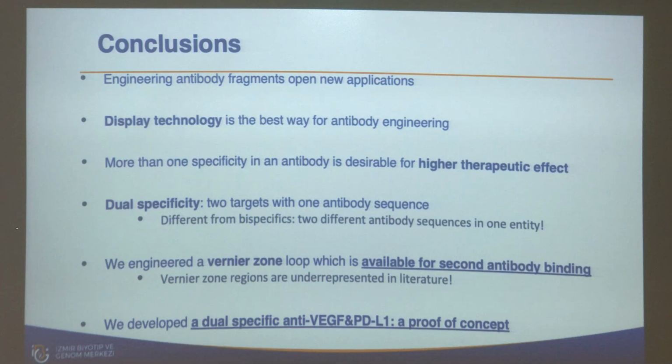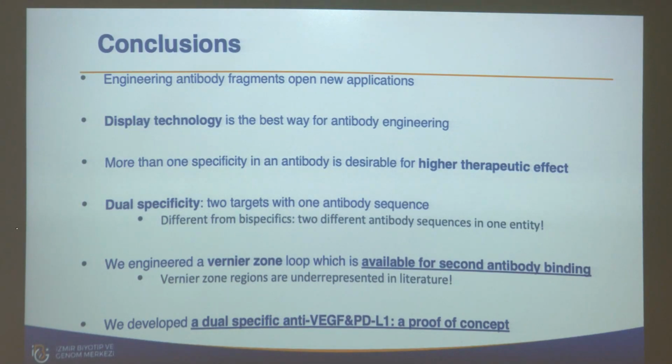By using dual specifics, you only deal with one sequence. So that's the advantage. The folding is the same, the production yield would be the same, all the regulations would be the same, and the in vitro characterizations. As I said, we chose a Werner zone loop.